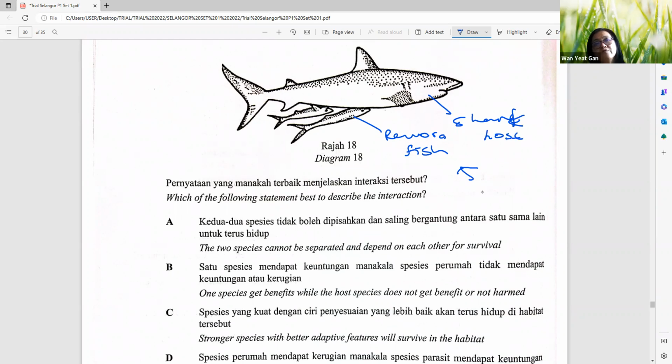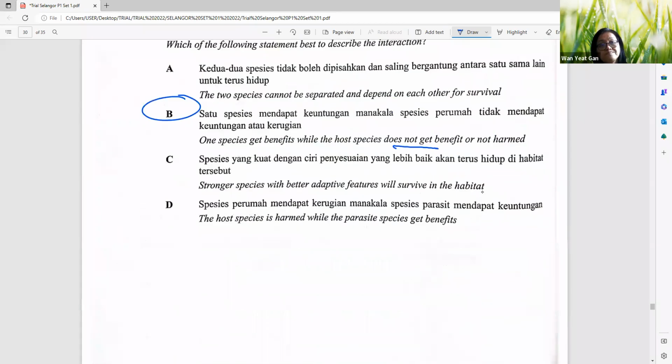The remora fish will eat the residue of food that drops from the mouth of the shark. So they get a free ride and free food. Whereas for the shark, it means nothing to them. They don't benefit, neither are they harmed by the interaction. Okay, so the answer is B.